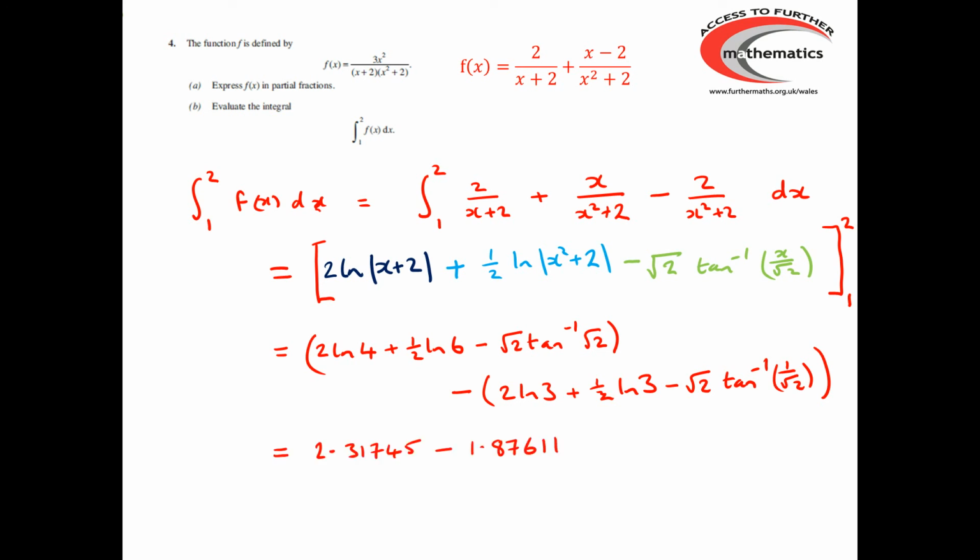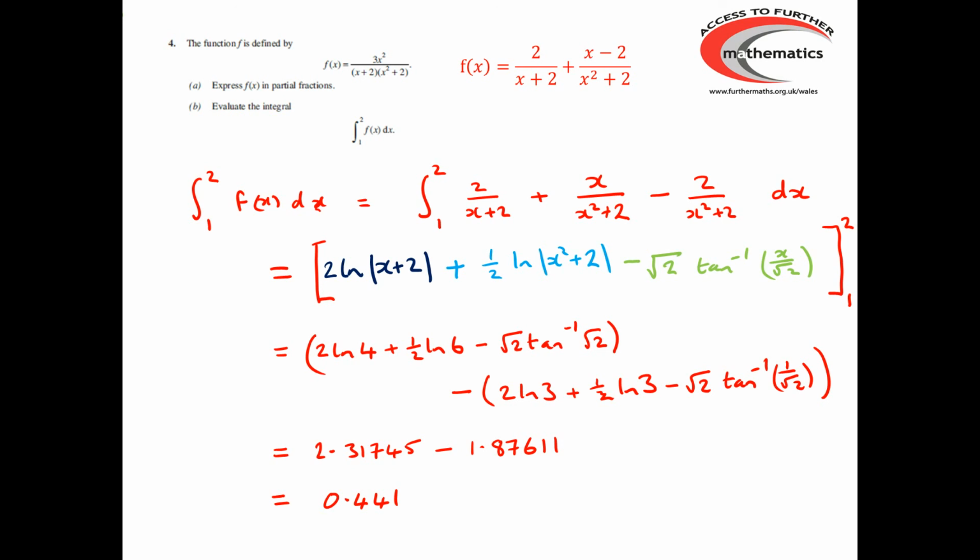And then making use of our calculator, we've got 2.31745, take away 1.87611, which ends up giving us an answer of 0.441, correct to 3 decimal places.